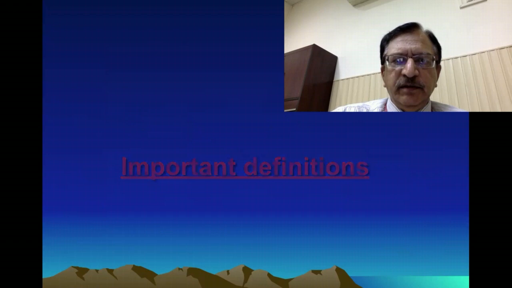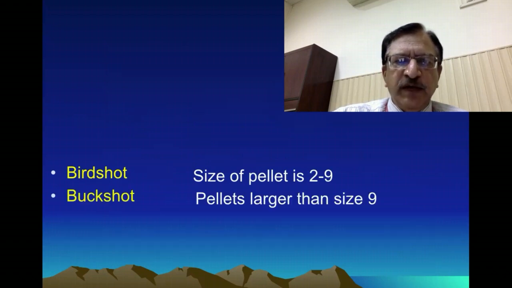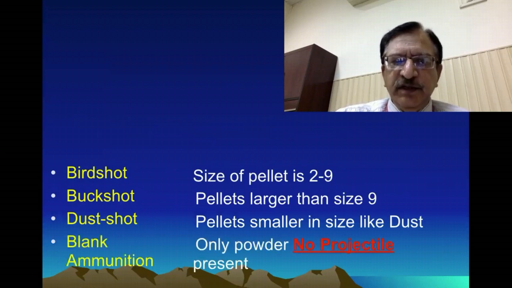There are some other definitions. Just mention the birdshot pellets. They are small size, numbers 2 to 9. Then buckshot pellets are larger than 9. Dust shot pellets are like dust. Blank ammunition is ammunition which has only the powder and no projectile.